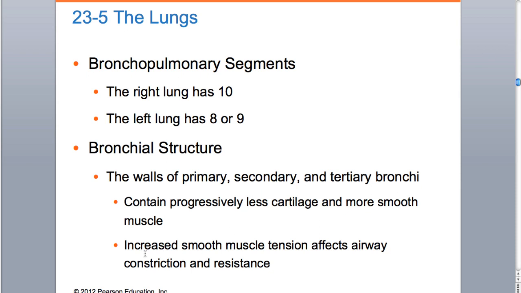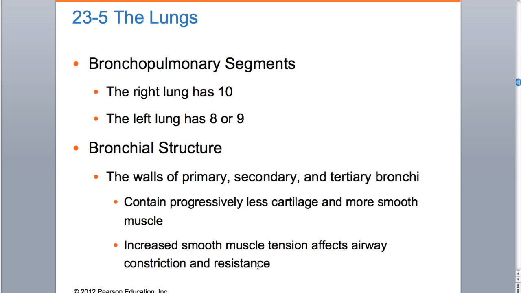Look what it says. Increased smooth muscle tension affects airway constriction and resistance. That smooth muscle that we're speaking of is electrically and chemically stimulated. That means the nervous system can play a role in the constriction of the airway or the dilation of the airway. So that's nervous system. That would be the electrical.